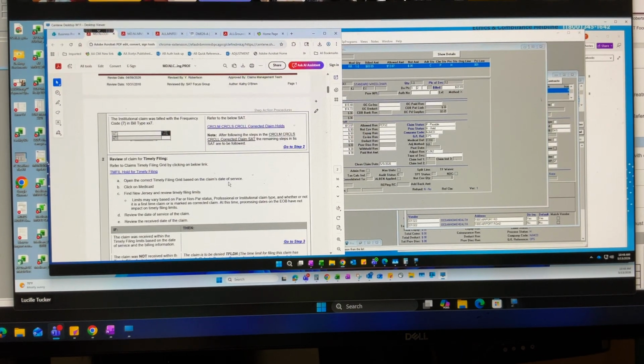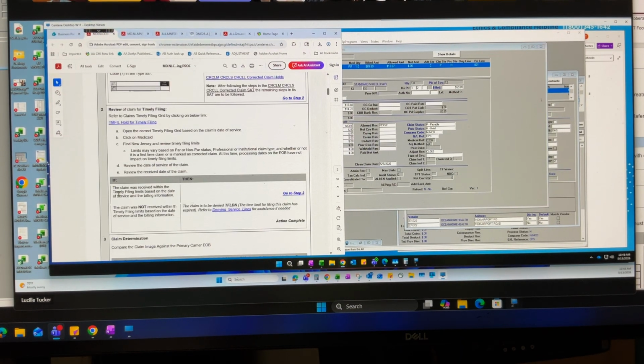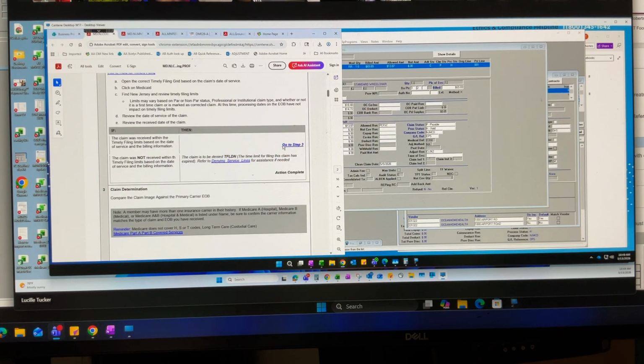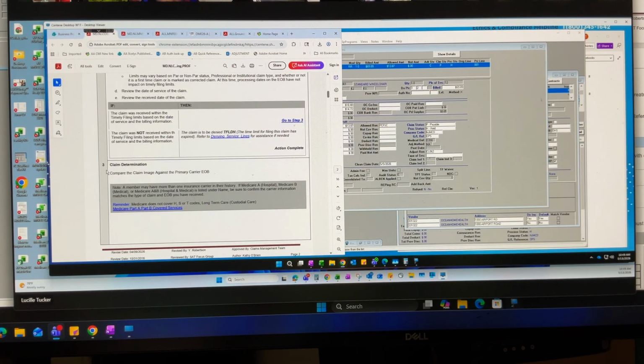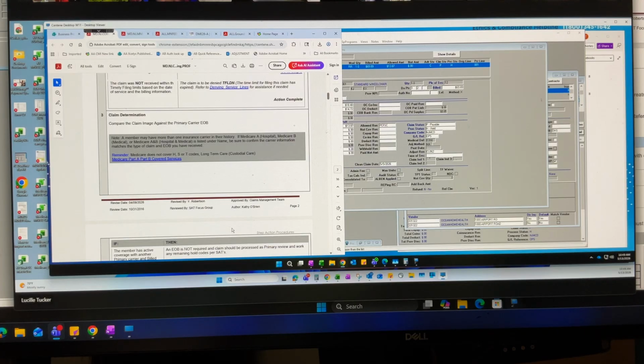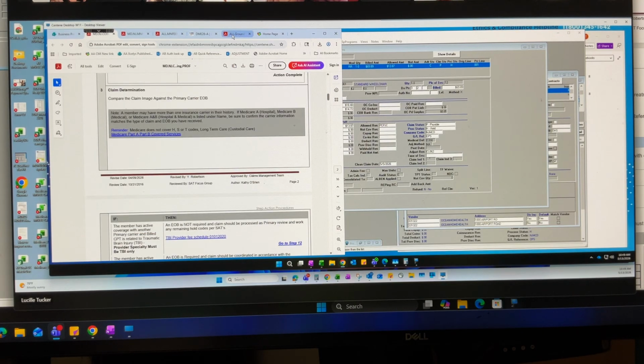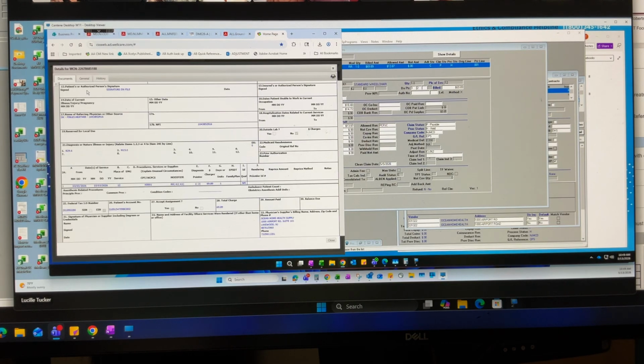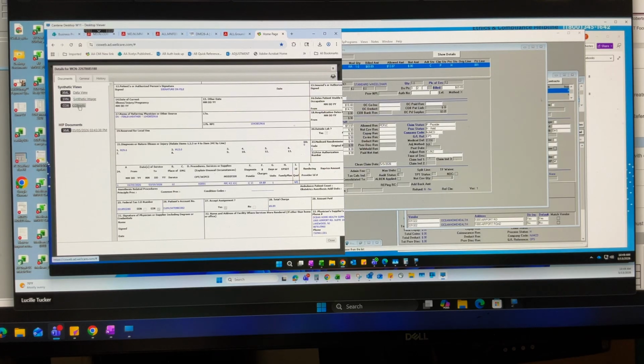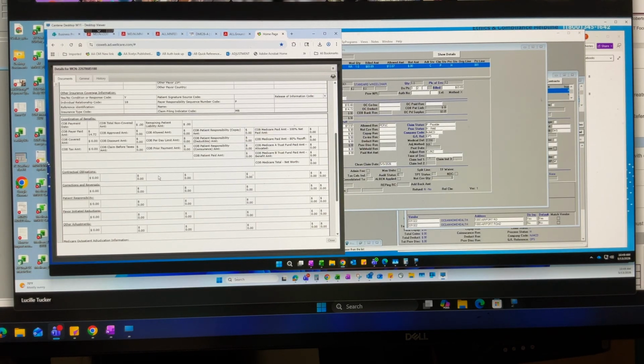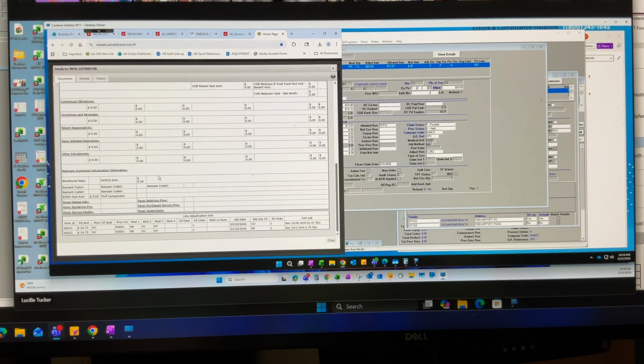So now that I've determined that my claim was received within timely filing, I'm going to go to step 3, okay? Claim determination, compare the claim image against the primary EOB. So remember, this is an EDI EOB that I have attached here. So this is a valid EOB for the provider.